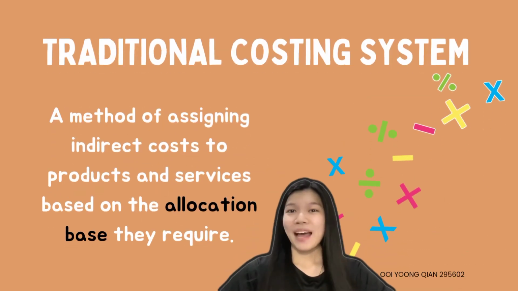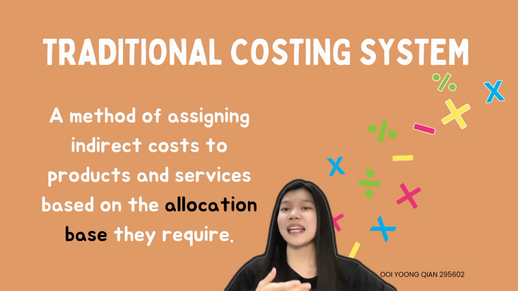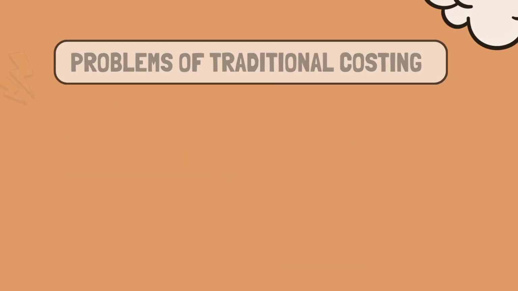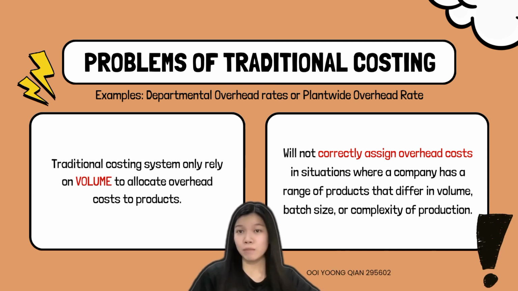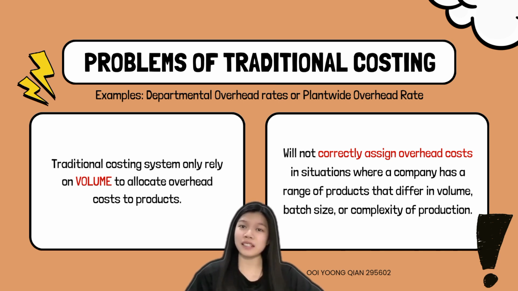We always compare ABC with the traditional costing system, which is another method of assigning indirect costs based on the allocation base they require. But why do we want to choose the ABC method instead of the traditional costing system? This is because there are several problems with the traditional costing system.